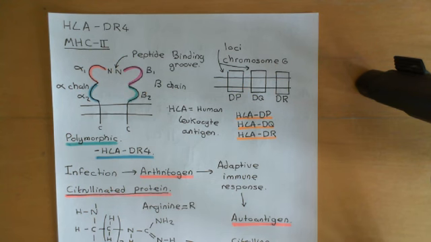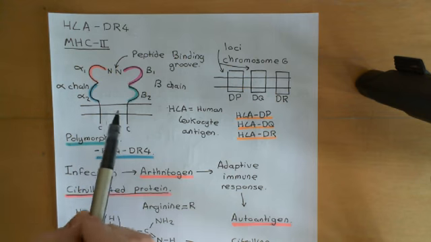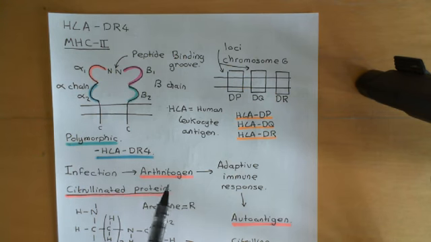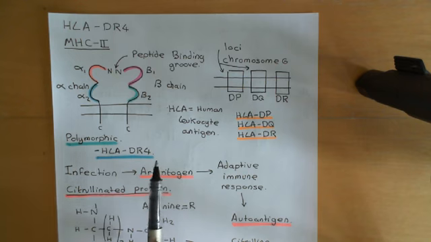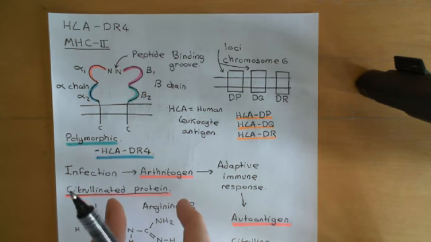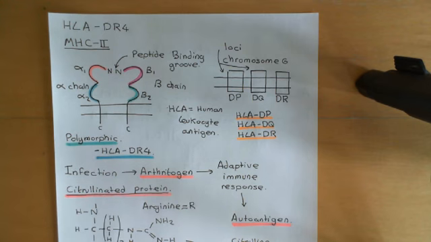Now, where does the HLA-DR4 come in here? Well, it seems likely then that HLA-DR4 molecules are the molecules which must present the peptide fragment which contains the citrulline residue of this arthritogen to the CD4 positive T cells, i.e., if you don't have HLA-DR4, then it's much less likely that you're actually going to present that fragment of the arthritogen which contains the citrulline residue to the immune system and launch an adaptive immune response against that specific epitope of this arthritogen.